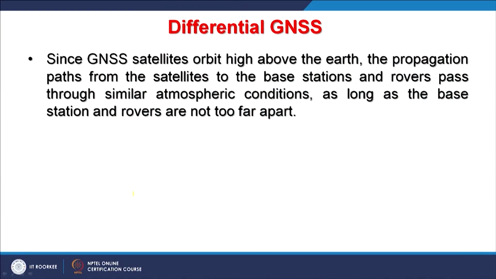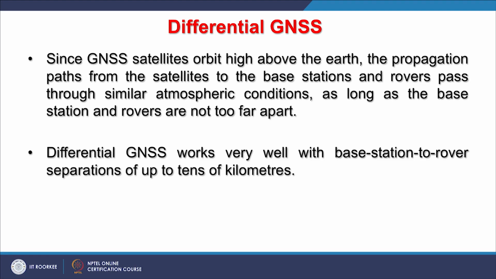And GNSS satellites orbit high above the earth, as we know. The propagation paths from the satellite to the base station and rover pass through similar atmospheric conditions, as long as the base station and rover are not too far apart. Differential GNSS works very well with base station to rover separations of up to tens of kilometers.